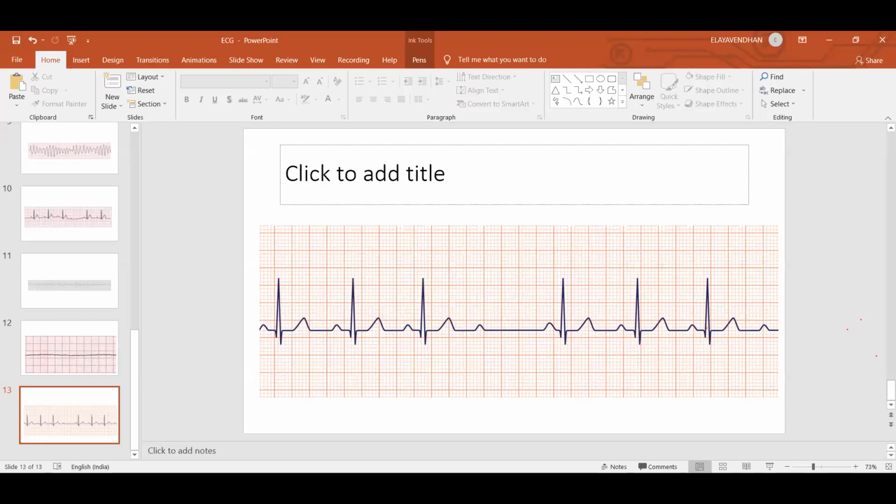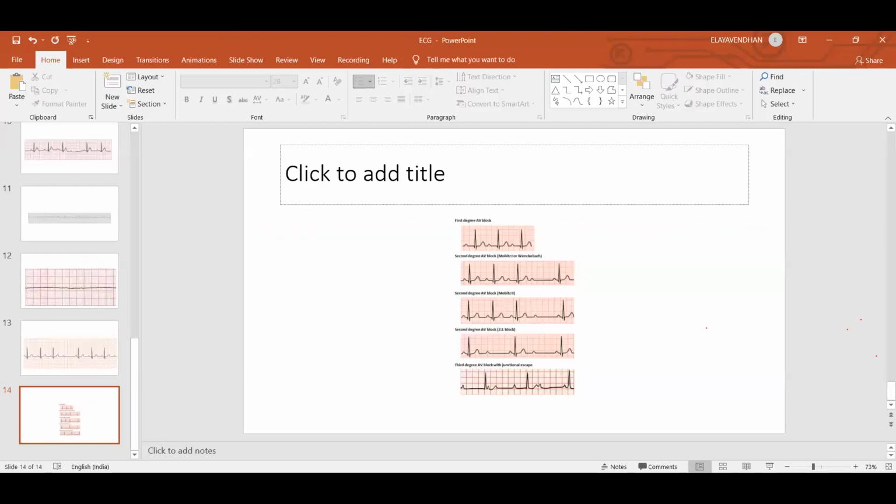Okay, so I've just added one more image here. I will have that picture here so that you can check easily and identify the rhythm. Now I'm sharing the screen. Able to see my screen?